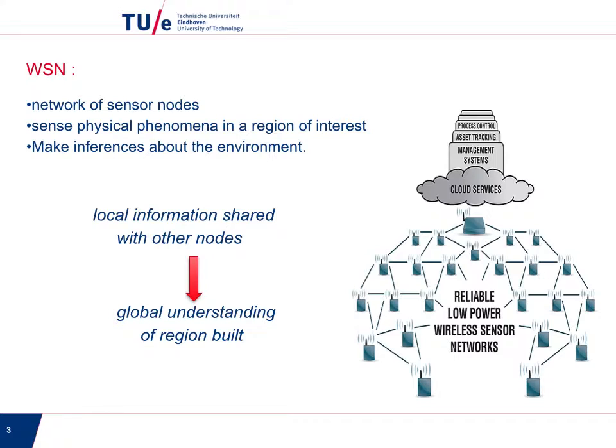So now we know that WSNs can make inferences about any region of interest. Therefore, the development of WSNs was initially motivated by military applications like battlefield surveillance, but now these networks are widely used in many industrial applications like industrial process monitoring, weather monitoring, and so on.